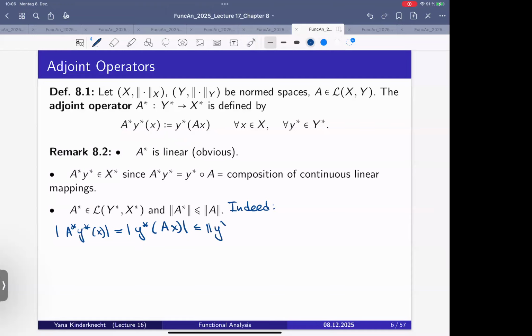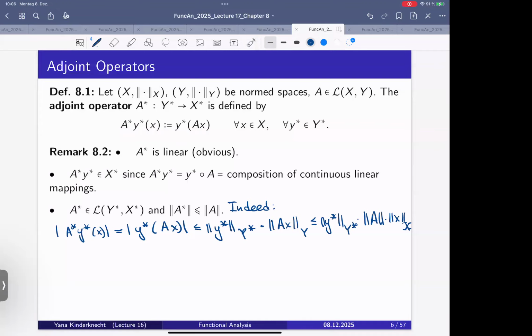This is at most the norm of Y star times the norm of this vector AX in Y. And now again we may use a similar inequality. This is at most the norm of Y star in Y star times the operator norm of A times the norm of vector X in X.